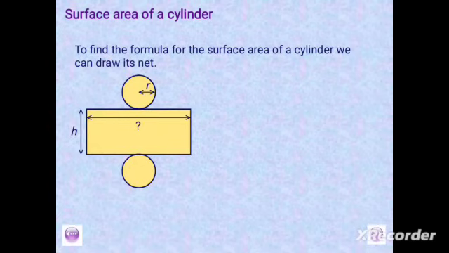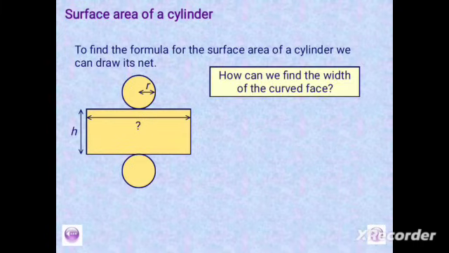Now the surface area of a cylinder. To find the formula for the surface area of a cylinder, we can draw its net. And now we can also find the width of the curved surface of this cylinder.